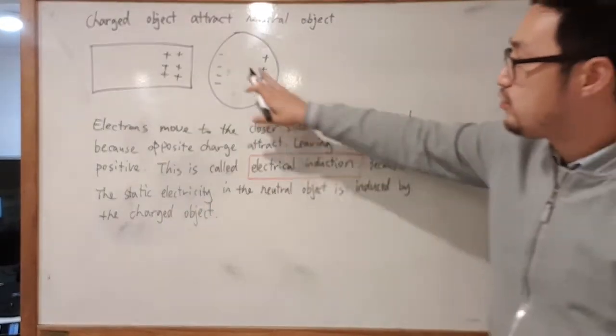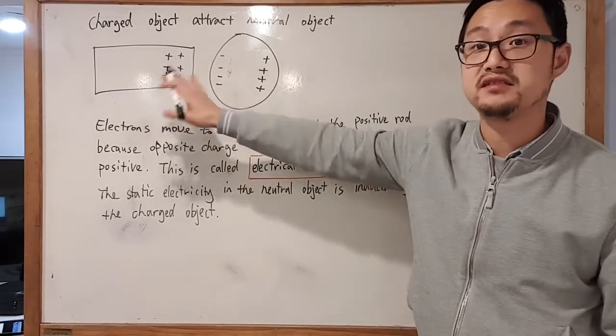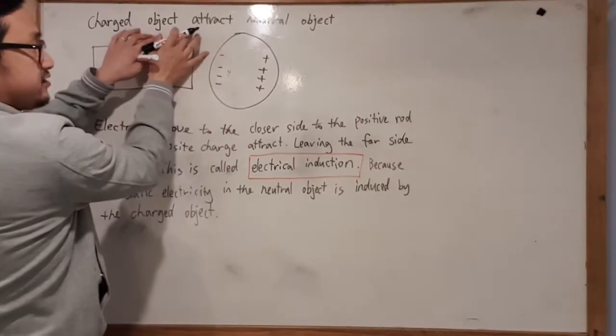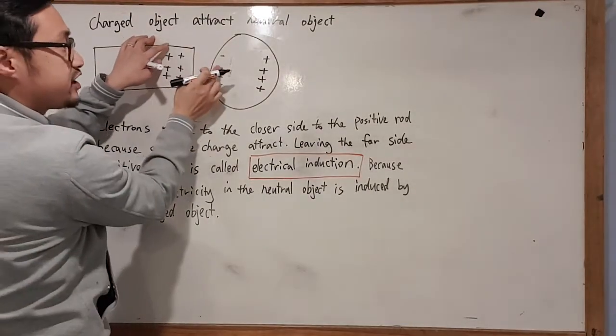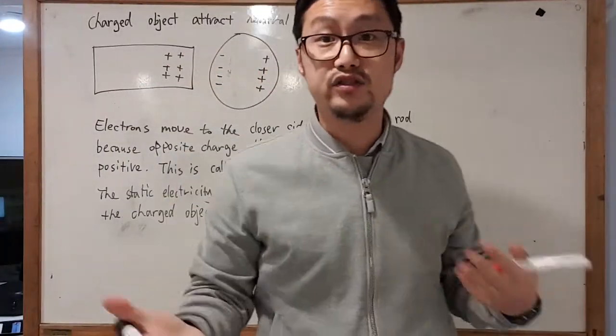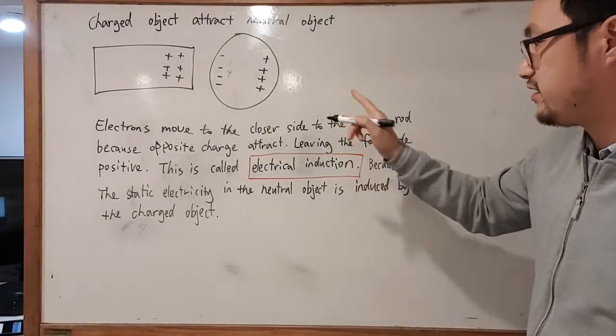Okay, this only exists because of the presence of this inducing it. Let's say if this disappears, all of a sudden this is gone, and now these negative charges will want to go back to the positive charge, and then this thing is neutral again. Okay, so it will still be neutral. So that's why this is called induction.